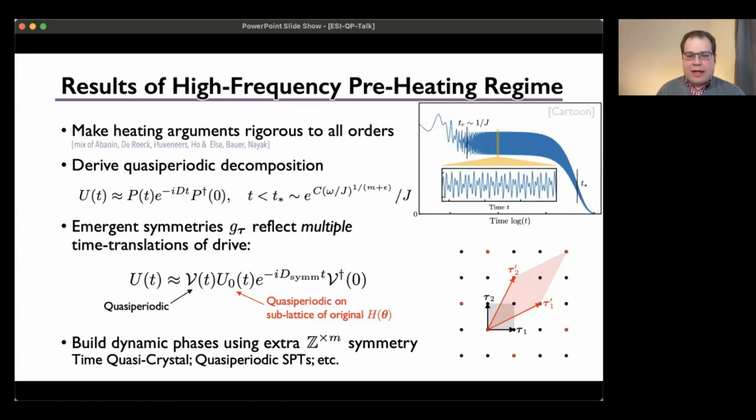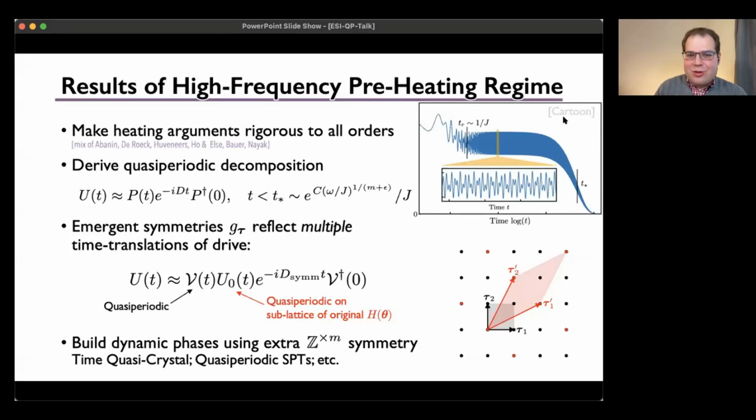And what we get when we do that rigorous bound is that in this preheating regime we can derive a quasi-periodic decomposition, where the effective unitary can be decomposed into a quasi-periodic operator P, as well as some static local Hamiltonian evolution. I've sketched this as a cartoon, and to say this explicitly, this is not simulated data.